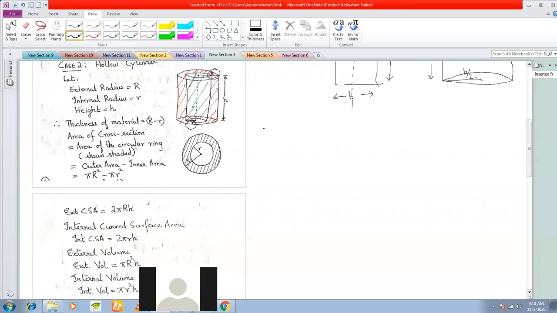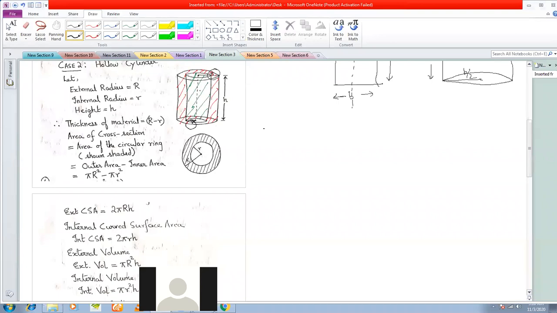The volume of this hollow cylinder will be the volume of the outer cylinder minus the volume of the inner cylinder. That is the volume of the material out of which it is made up. I'll solve one problem on this.